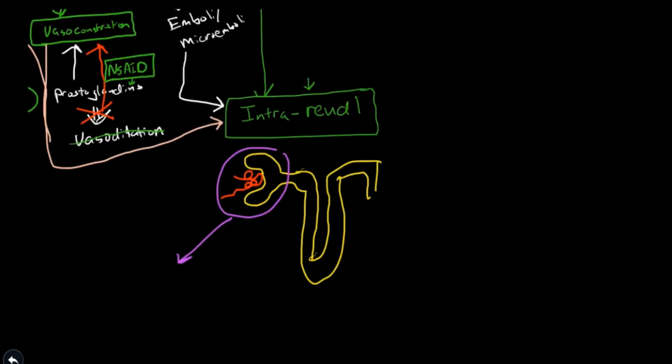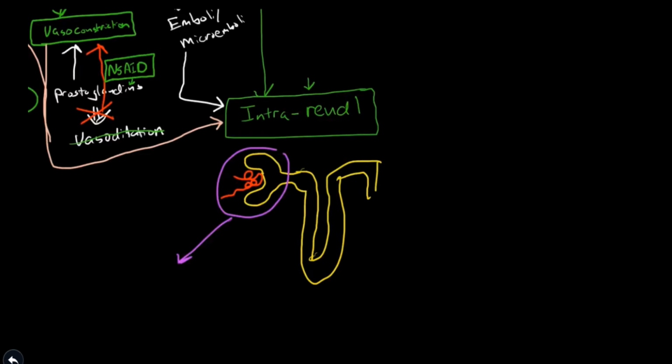Now, in most times in clinical practice, when we have acute renal failure, it is transient, even if it is intrarenal. So there is injury to the cells, there is injury to the nephron, but the nephron is able to repair itself and recover once blood flow is brought back to normal through the glomerulus.